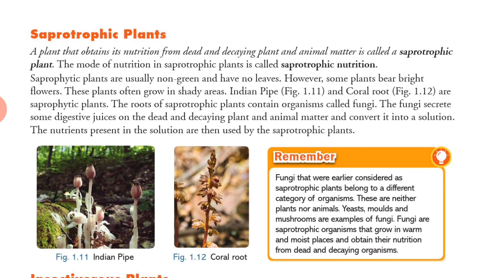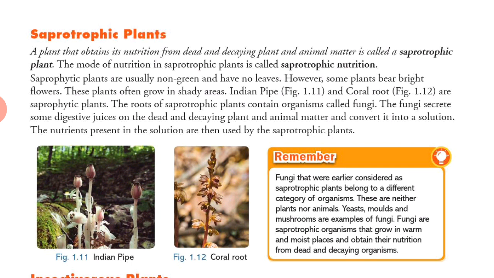The nutrients present in the solution are then used by the saprophytic plants. Got it? Saprotrophs or saprotropic plants are those living or surviving on dead animals or decaying plants. They are called saprotrophs, and the method is called saprotropic nutrition.